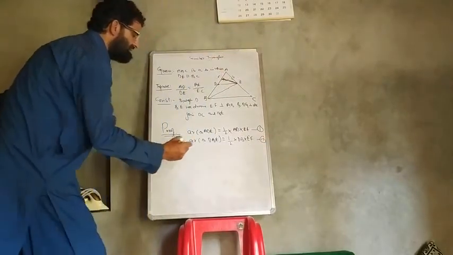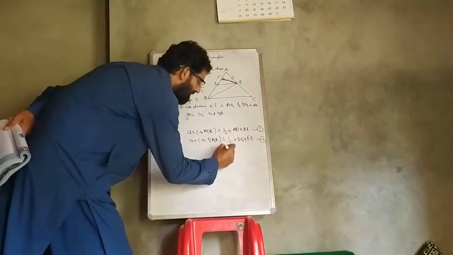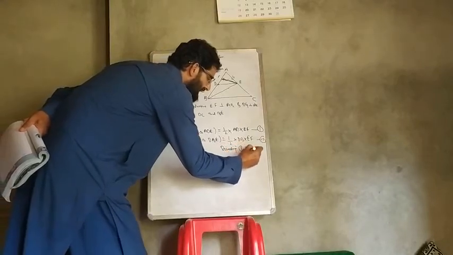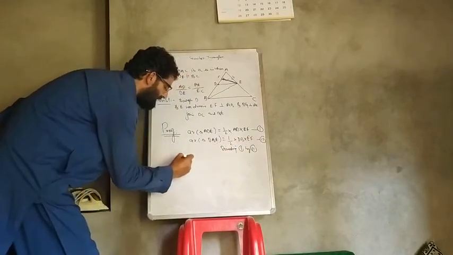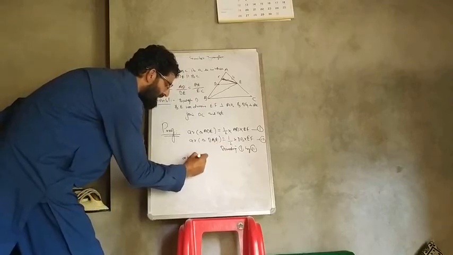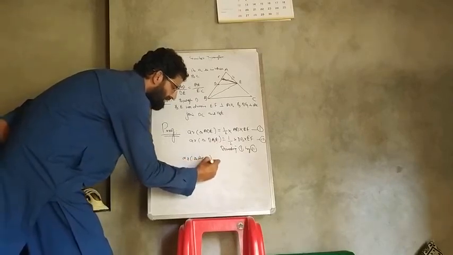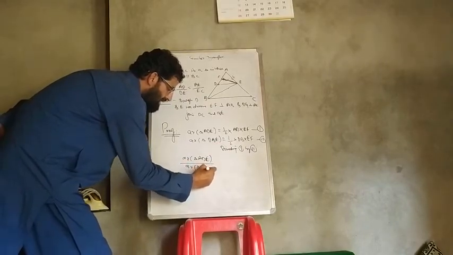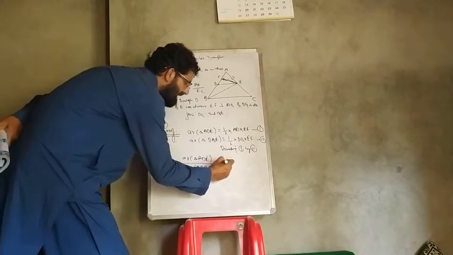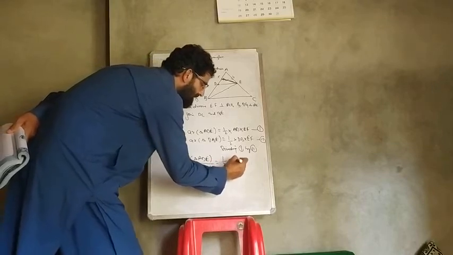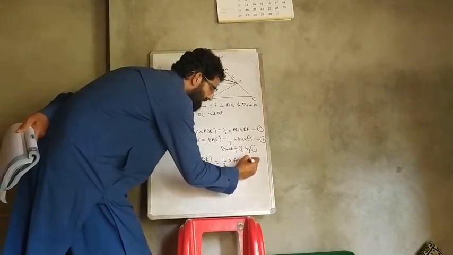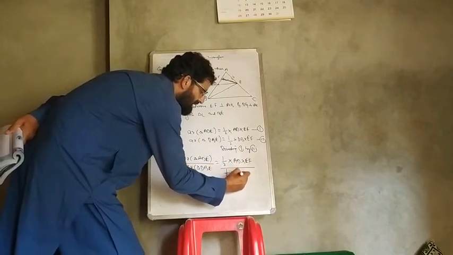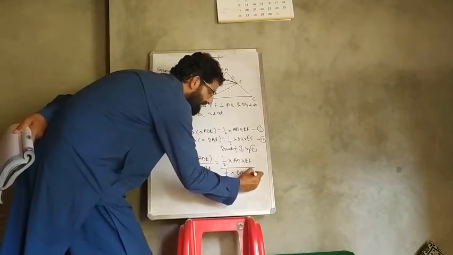Now dividing first by second, what do we get? Area of triangle ADE divided by area of triangle DBE is equal to 1/2 into AD into EF divided by 1/2 into DB into EF.